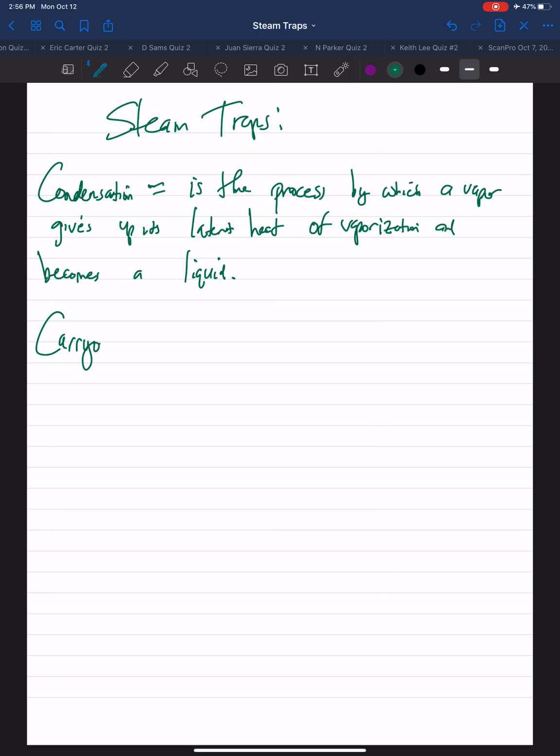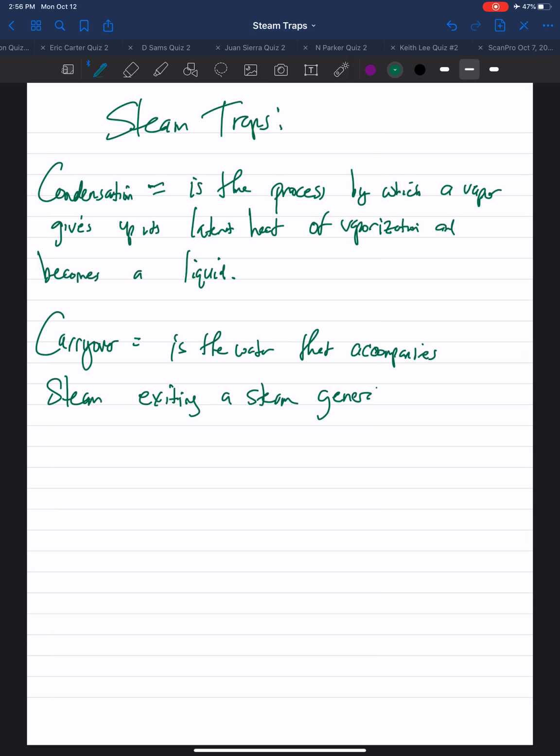Carryover is the water that accompanies steam exiting a steam generator.